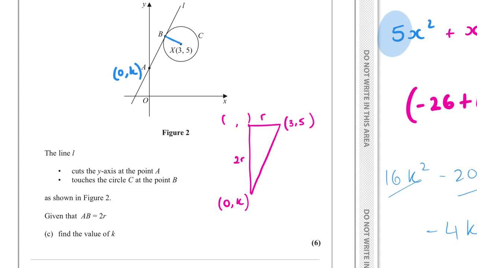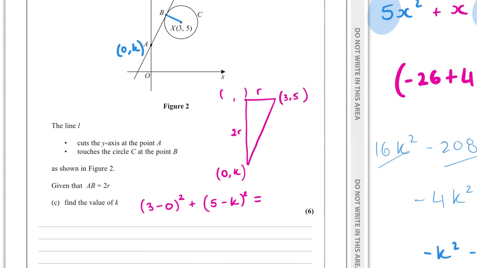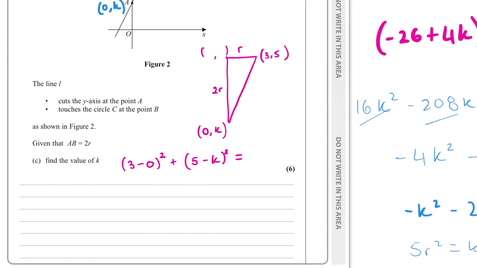We can literally just use Pythagoras. 3 minus 0 squared plus 5 minus k squared. That equals this line squared, doesn't it?